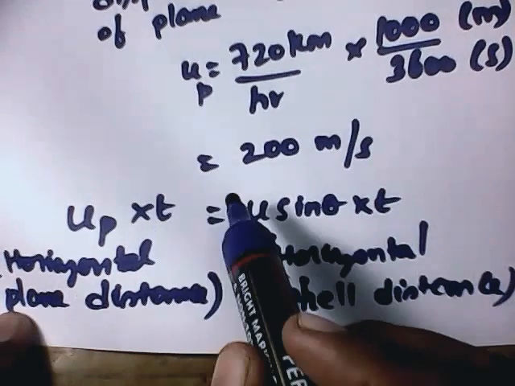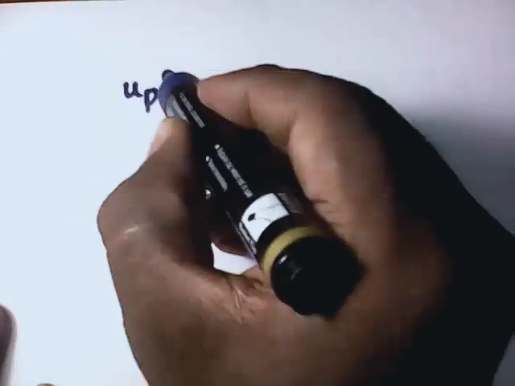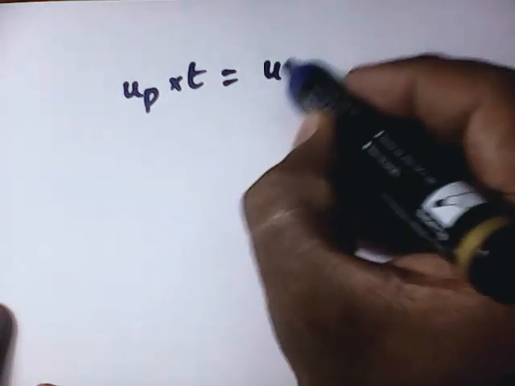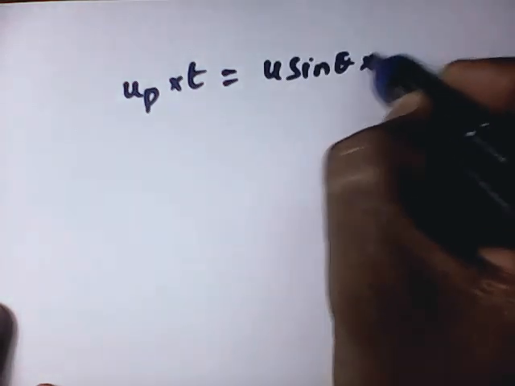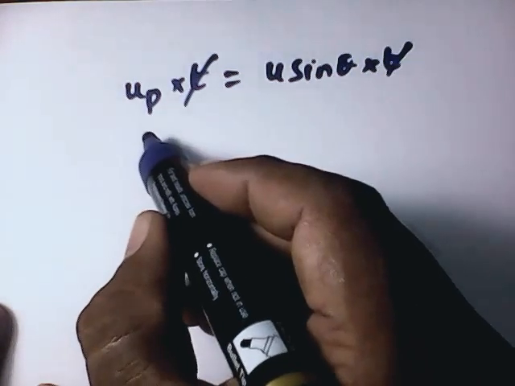Using this concept, we have come to the conclusion UP into T is equal to U sin theta into T. So T will get cancelled.